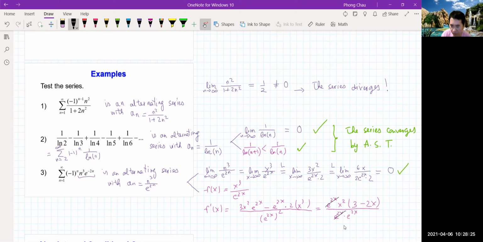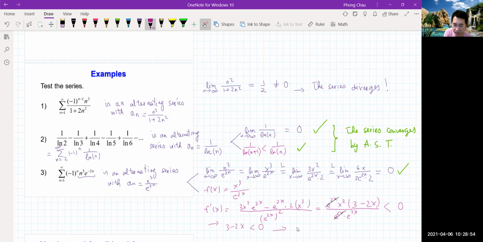Okay. Now the question is whether this quantity is less than 0. Remember, when the derivative is less than 0, the function is decreasing. Now the x squared is always positive. So this quantity is negative only when 3 minus 2x is negative, or less than 0.